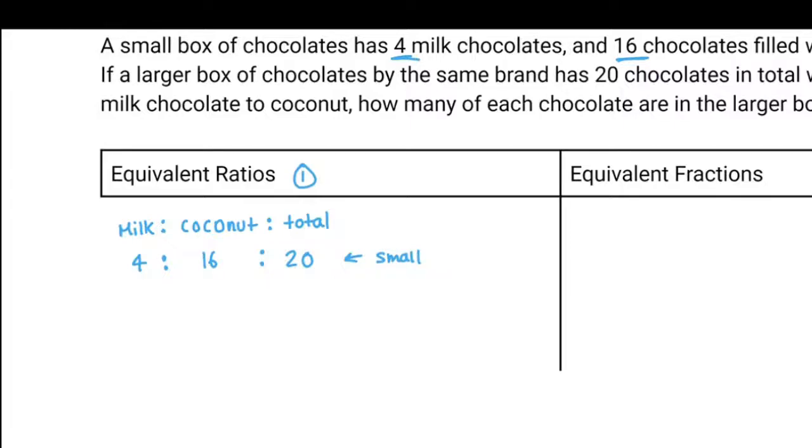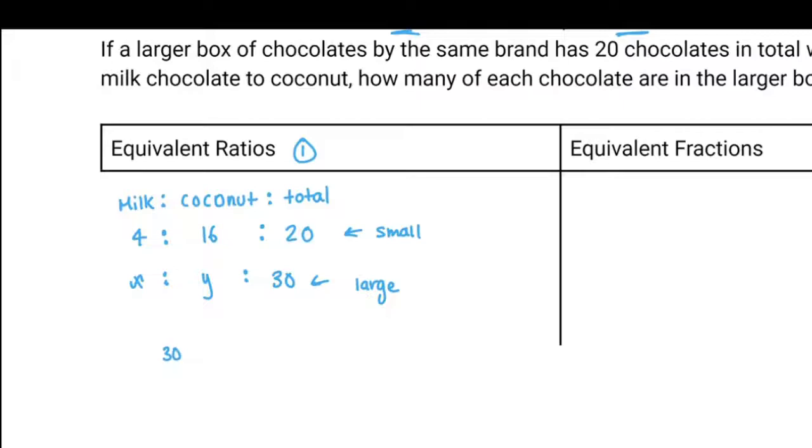And then in the larger box, we have an unknown amount of milk, an unknown amount of coconut, and a total of 30 in our large. So, by what factor do we multiply 20 chocolates to get 30? So let's find that out by dividing 30 by 20, and this should give us 1.5.